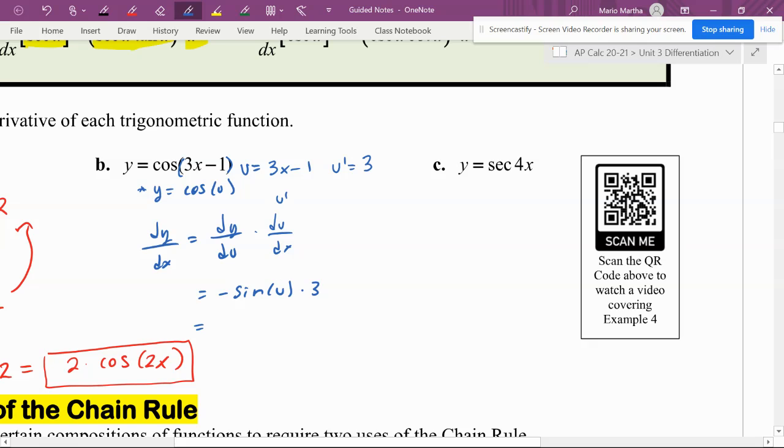Do the back substitution. Replace the u with what it represents, which is 3x minus 1. So that would be negative sine of 3x minus 1. Actually, let me put the 3 in front now. So negative 3 times sine of 3x minus 1. And that would be our dy dx.